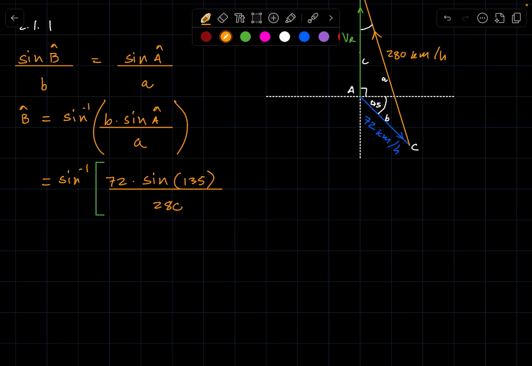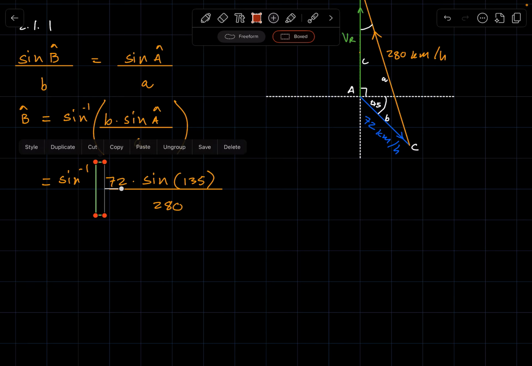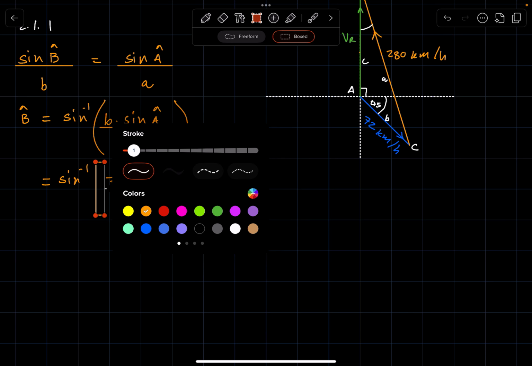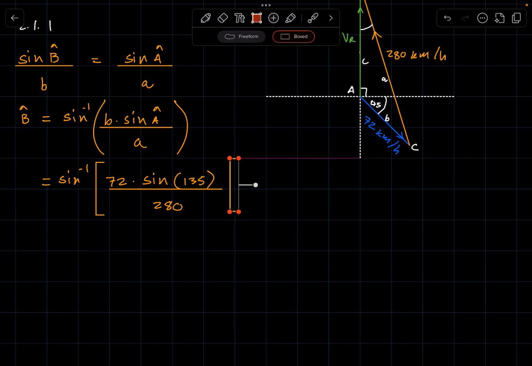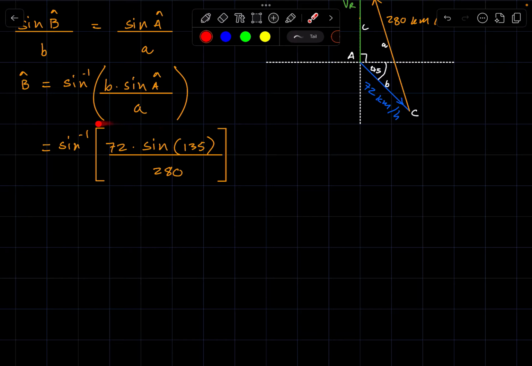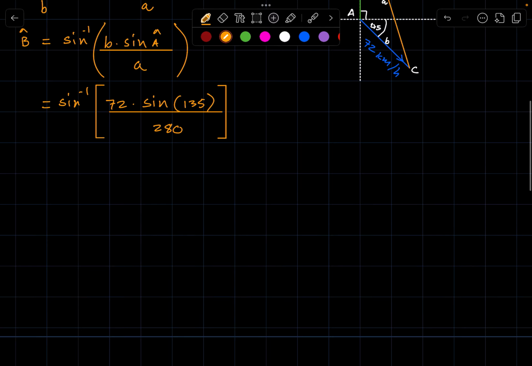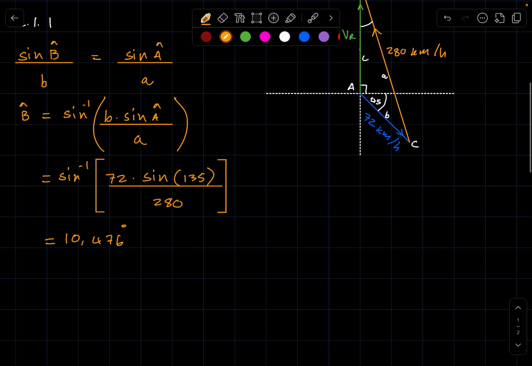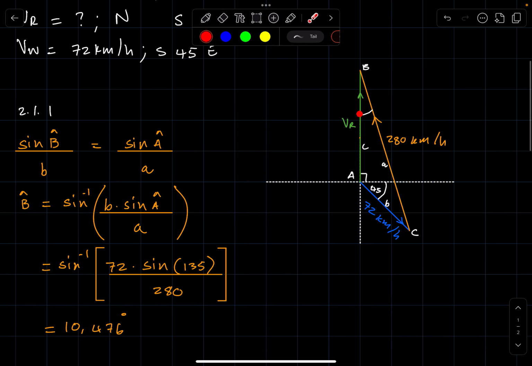So that's 280. And of course, you have to close this. Now, if you punch all this in your calculator, you should get 10.476 degrees. That is angle B.